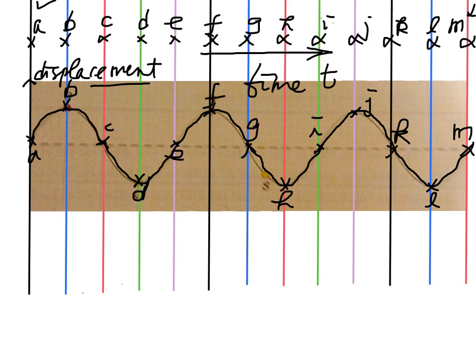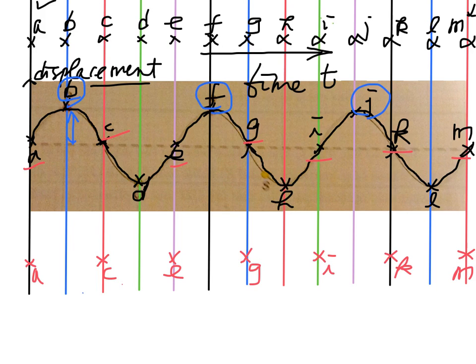First, at time t, particles A, C, E, G, I, K, M have zero displacement. That means A, C, E, G, I, K, and M are at their equilibrium positions, while particles B, F, J have displacement with positive value.